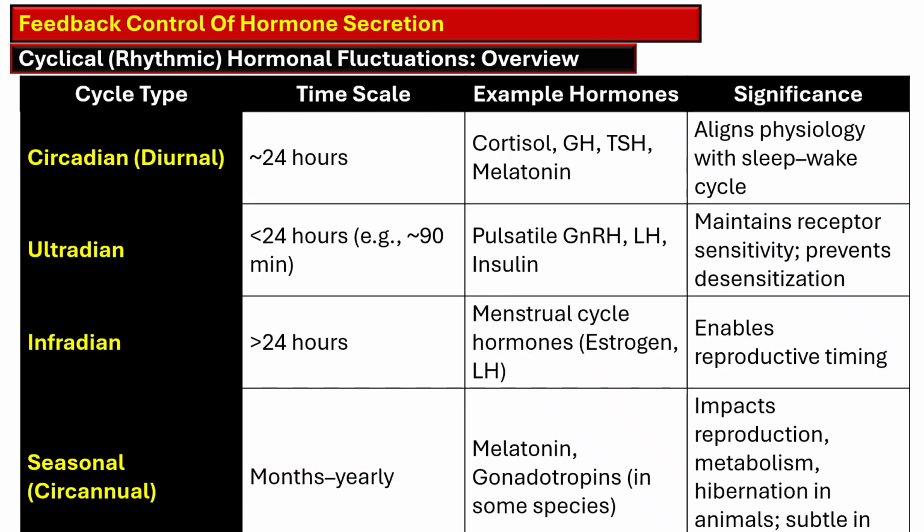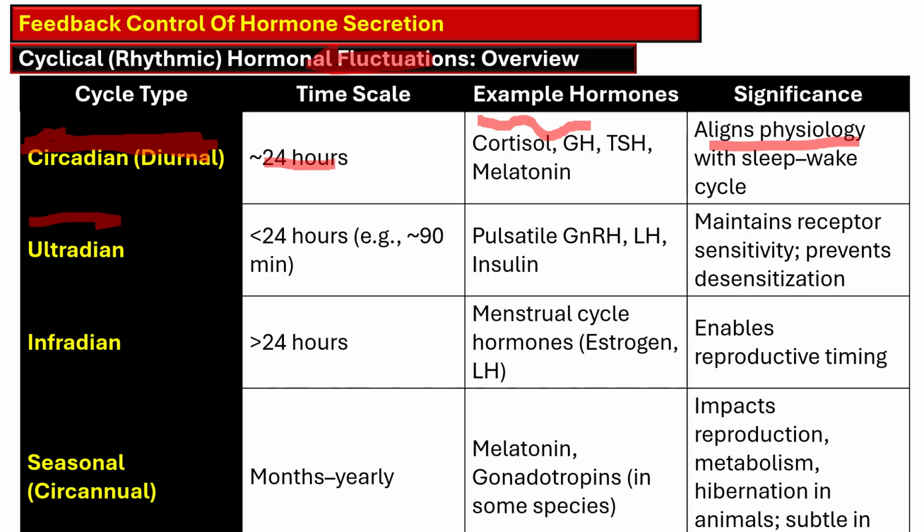So this table is showing the overview of cyclical hormonal fluctuations. These hormonal fluctuations may be circadian or diurnal, that occur around the day, and examples are cortisol, growth hormone, TSH, and melatonin, and they align physiology with the sleep-wake cycle.